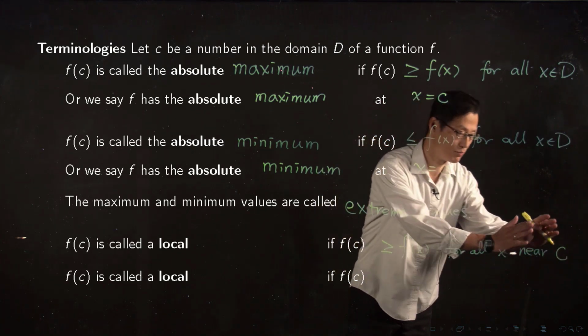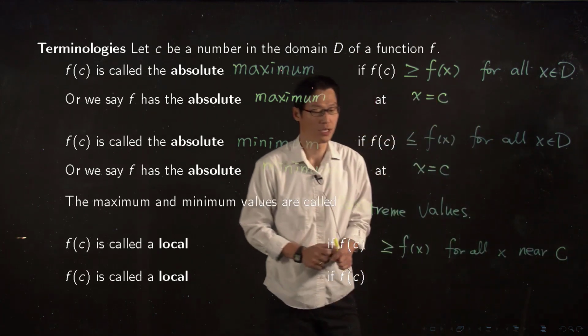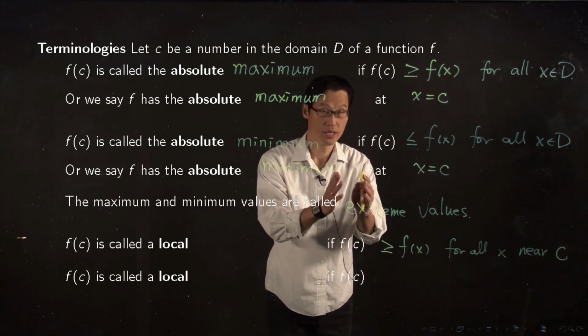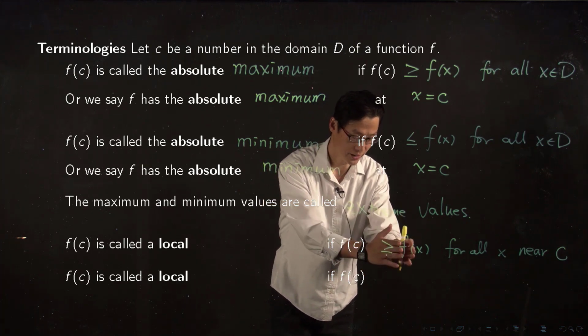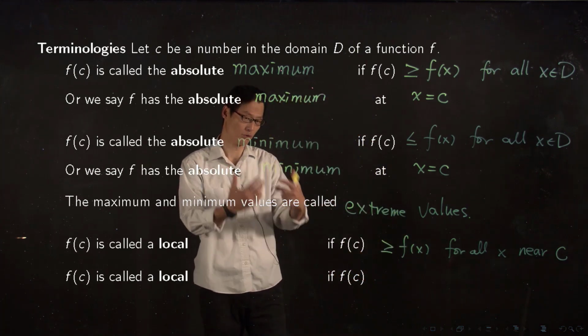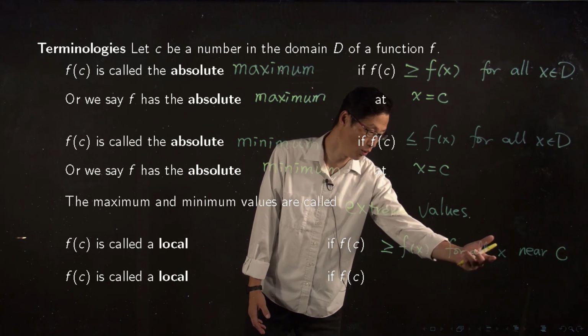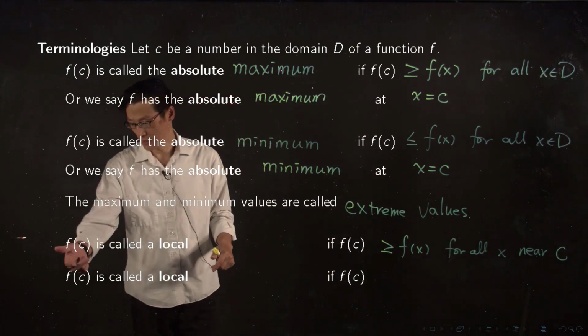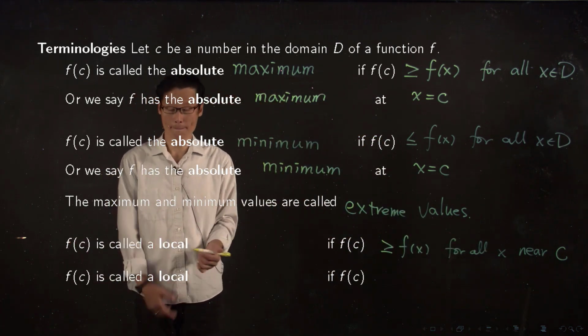So you think of some interval containing c, and you compare f of c and f of x. If this function value is greater than or equal to f of x for all x near c, we say this function value is local maximum.